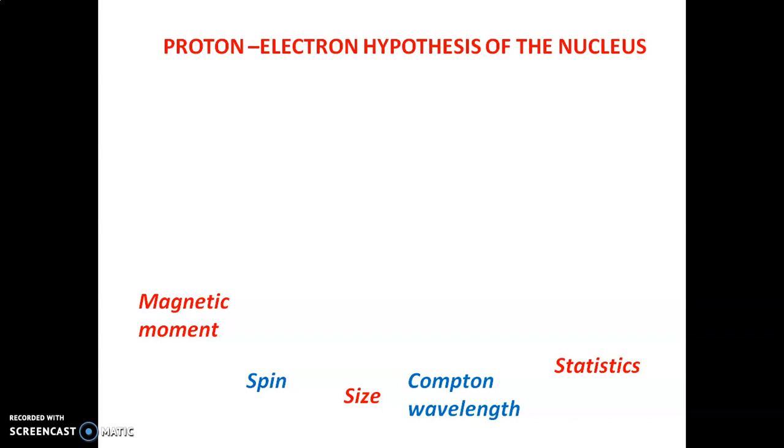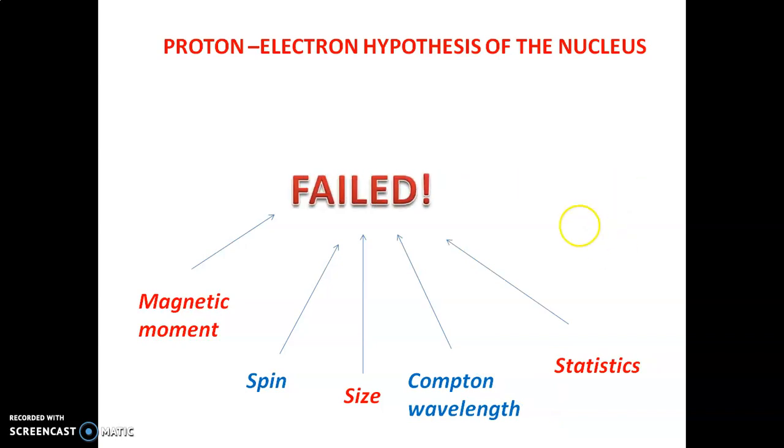So all these things together indicated that the proton-electron hypothesis of the nucleus is a failure. It failed because magnetic moment was measured, spin was measured, size was measured, Compton wavelength was measured, statistics was measured, and all these measured quantities indicated that the electron cannot reside inside the nucleus.